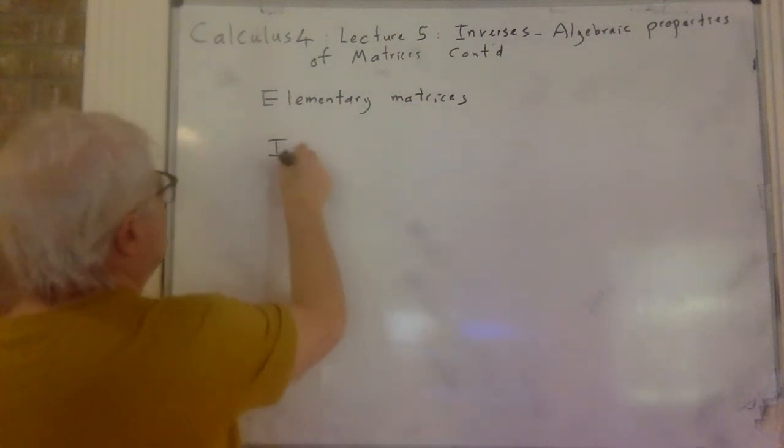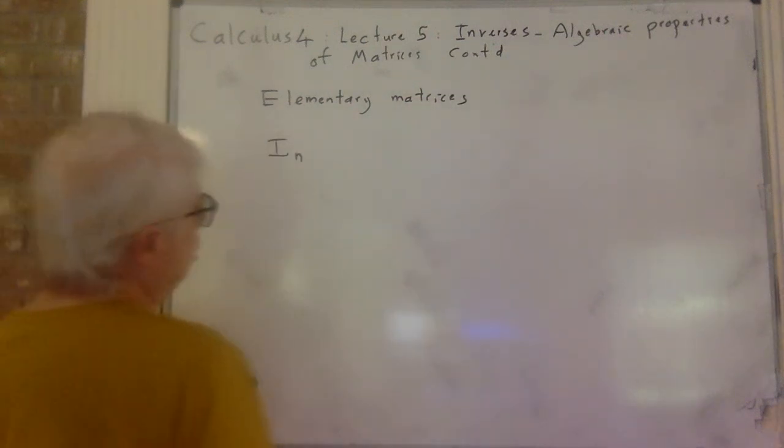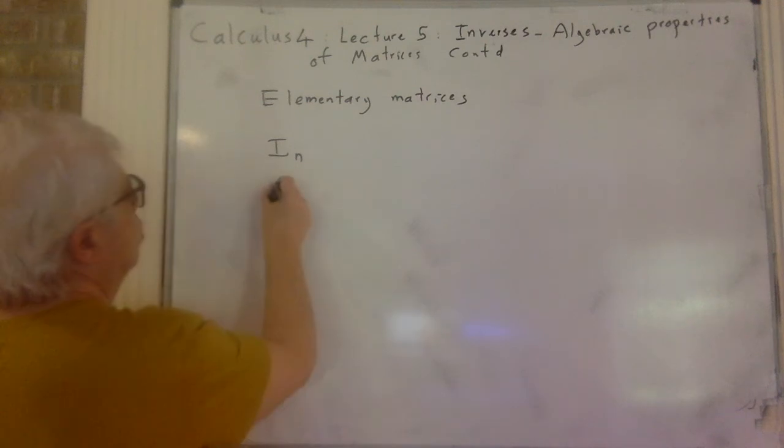So I said apply some row operation to I_n. What are the row operations?